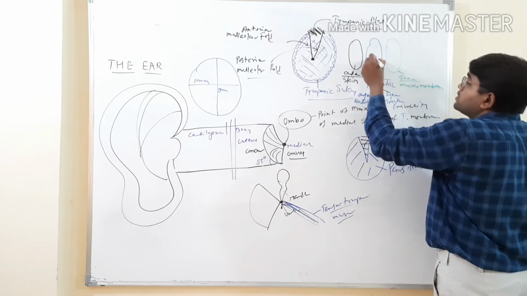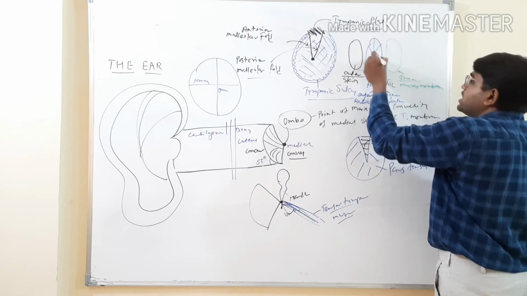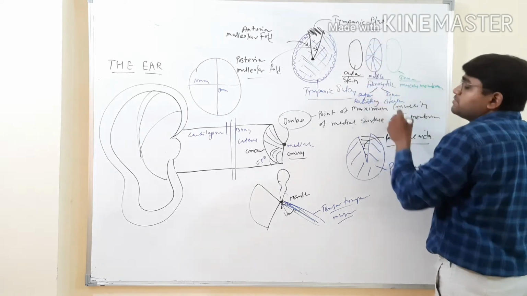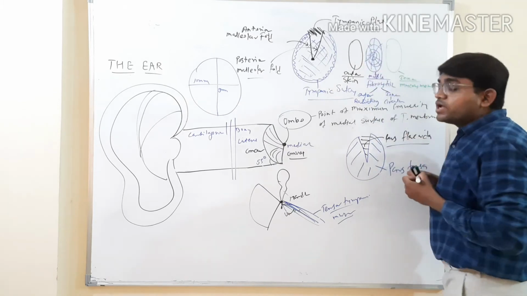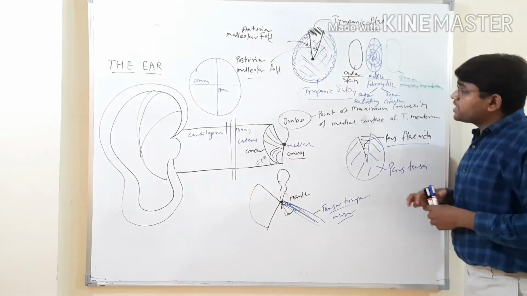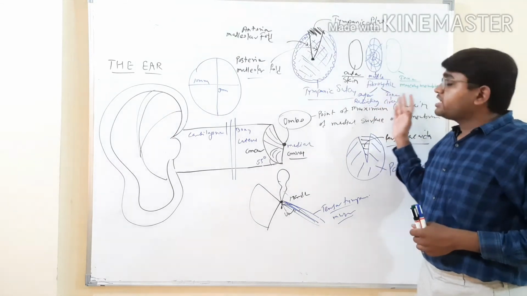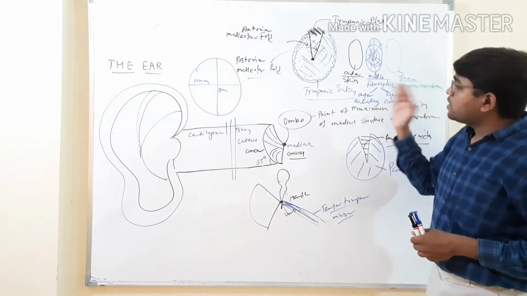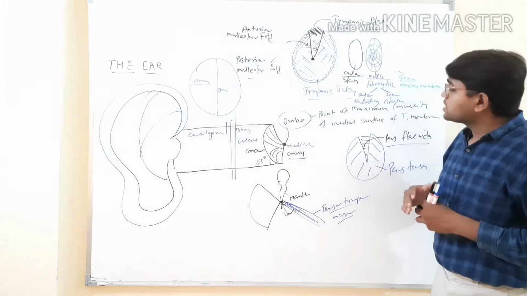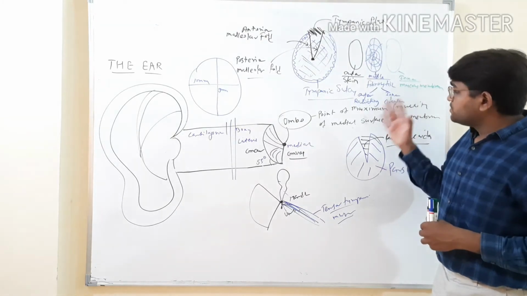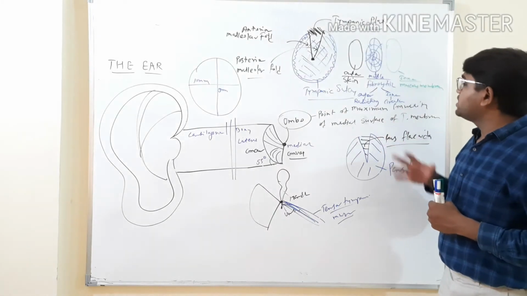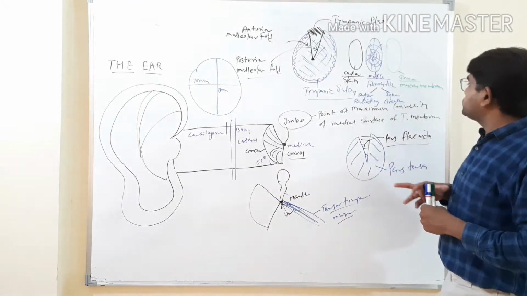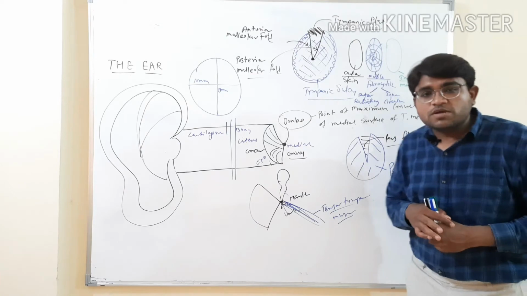Means on the outer side the fibers run in this direction, they are the radiating fibers, whereas on the inner side there are the circular fibers. So it is composed of these three types of tissue: the outermost side covered by skin, the middle layer formed by fibrous tissue with outer radiating and inner circular fibers, and the innermost layer formed by the mucous membrane.